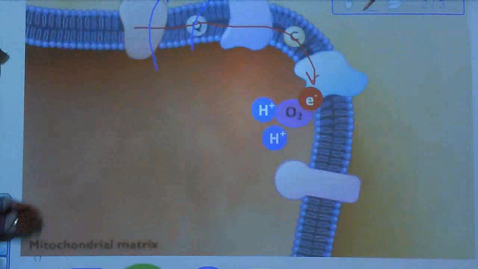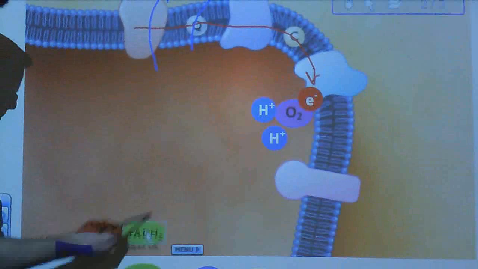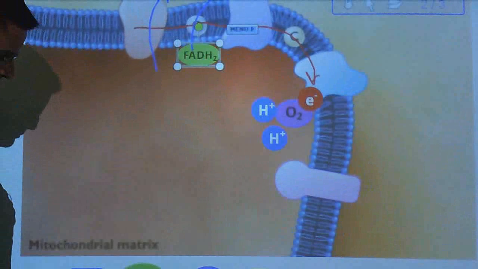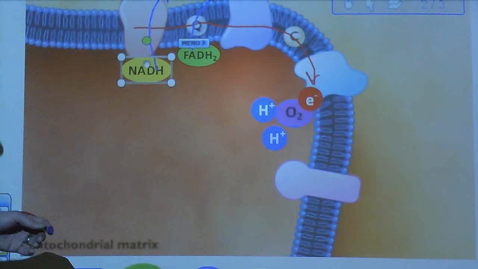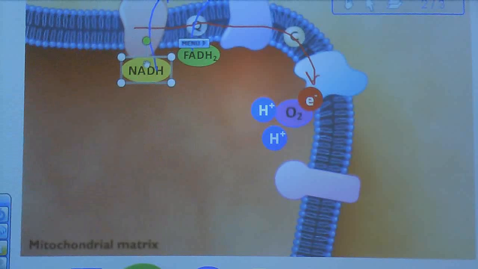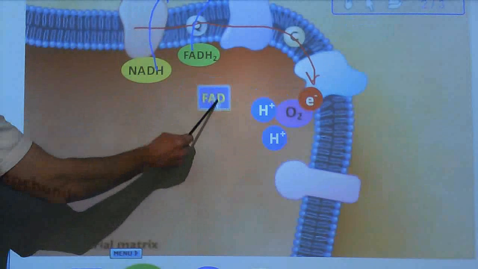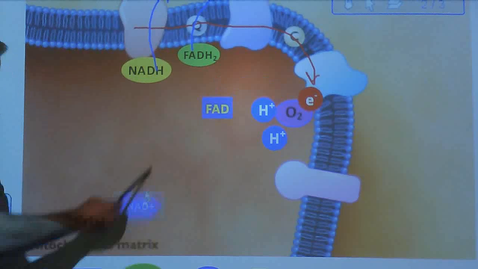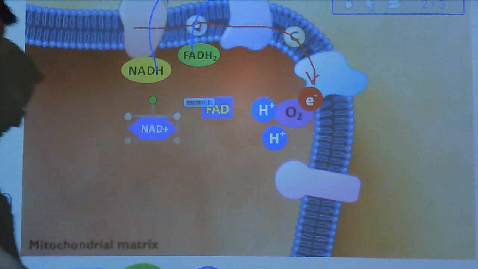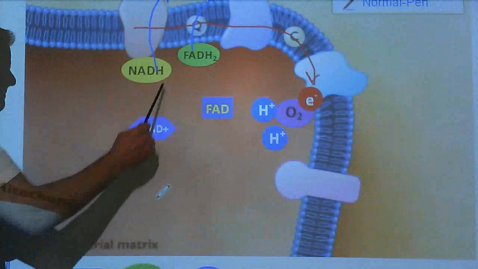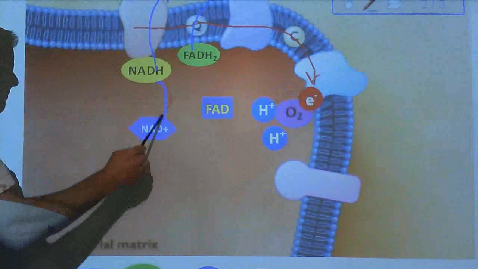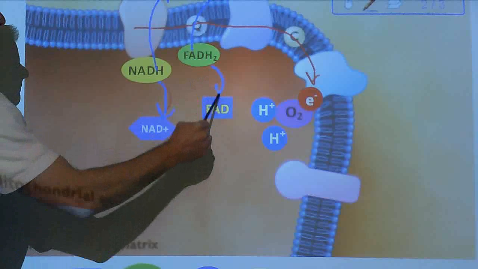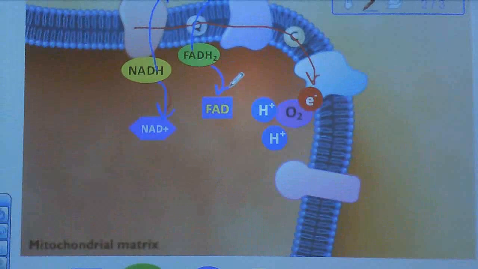We also want to show how FADH2 and NADH are our electron carriers, donating them to the inner membrane, to the ETC. And once they are used, they're recycled parts, just like how we saw in photosynthesis. Their recycled parts are going to get spit out to go get more electrons to come back later.